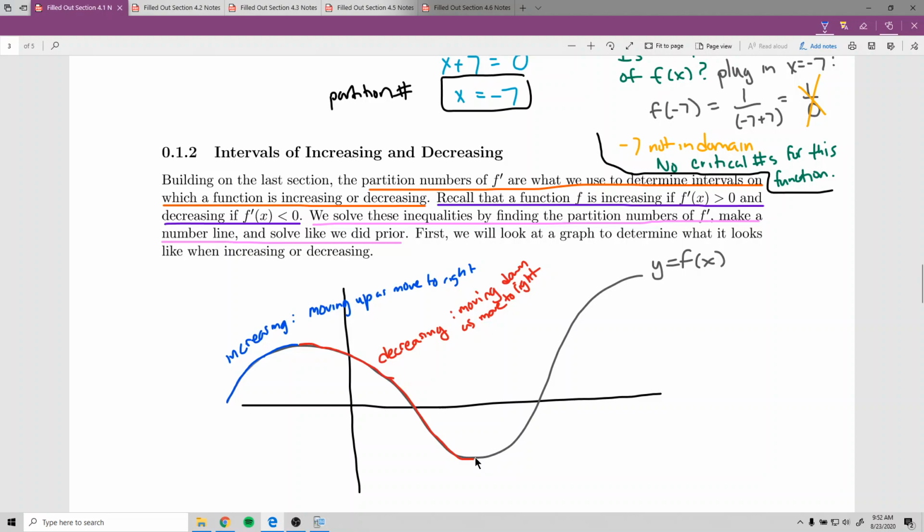And then after we get to the bottom here, it starts moving back up. Since it's moving back up, it is increasing again. I won't annotate it like last time, but it's doing the same thing. And once it gets to the top, it's kind of where I stopped drawing the graph. But if it moved back down, it'll be decreasing.